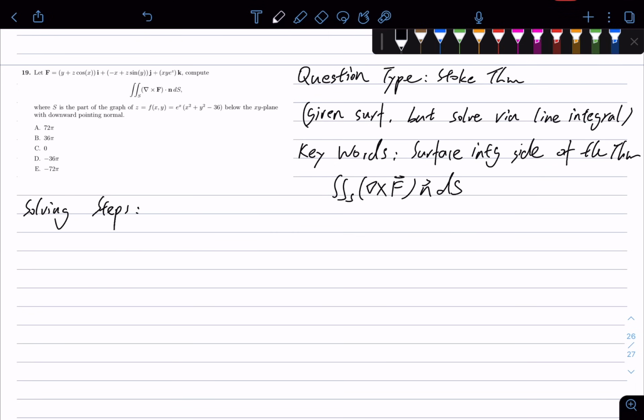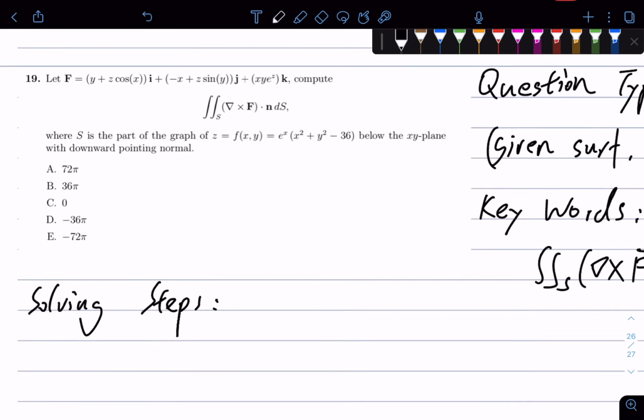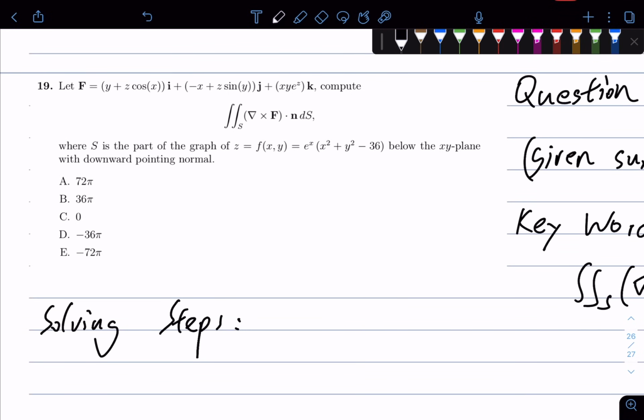Another, more informal way of telling that this is a Stokes theorem problem is to look at this integral. This is a really hard integral to compute.